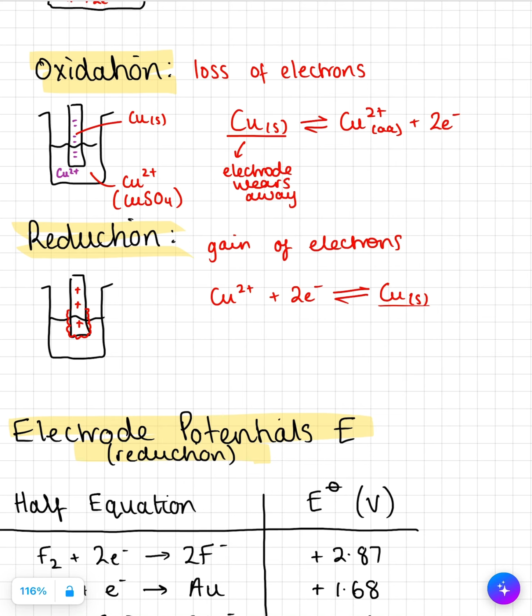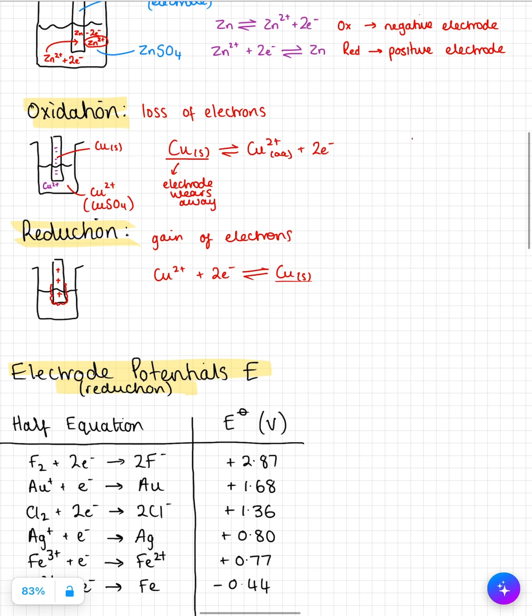The potential difference that's produced will depend on the following factors: the nature of the ions in the solution, the concentration of the ions in solution, the type of the electrode used, and the temperature. So anything that is going to shift the position of equilibrium will then give us a larger or smaller potential difference.